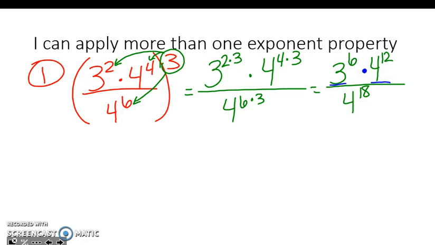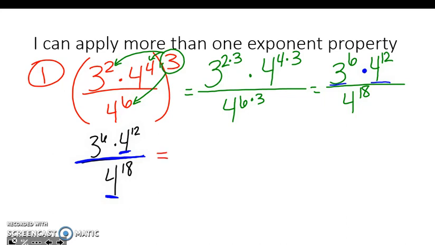I'm going to go ahead and rewrite that. The quotient rule says that if they are being divided, guys, remember this fraction bar means division, so this is a division problem. So if they're being divided and they have the same base, so these 4s have the same base, then we are going to combine them by subtraction.